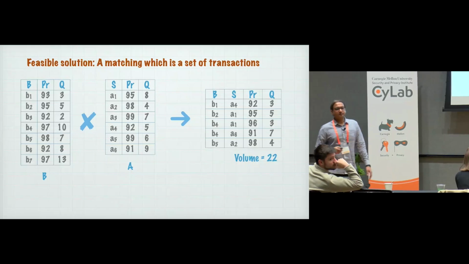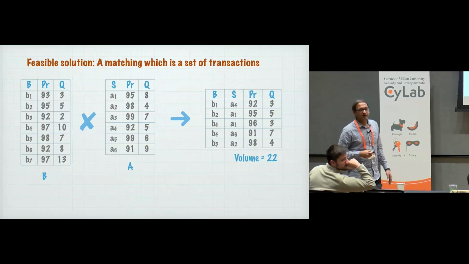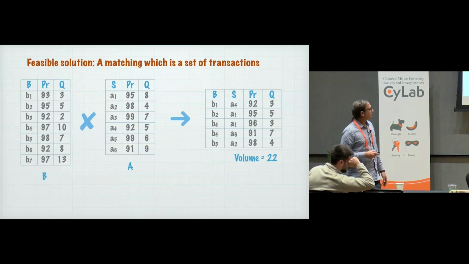Yes. You are asking about the volume? Volume is the total transaction. So seller 4 will give 3 coins to buyer 1. Seller 1 will give 5 coins to buyer 2.